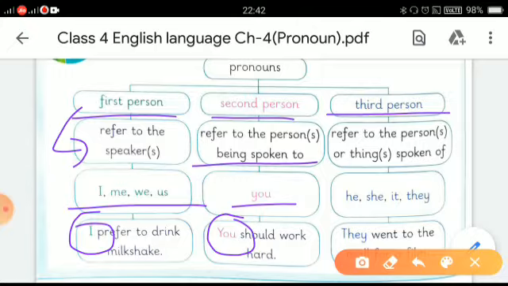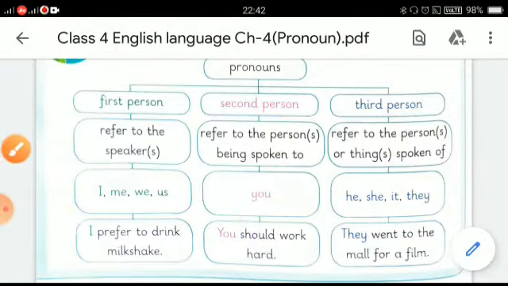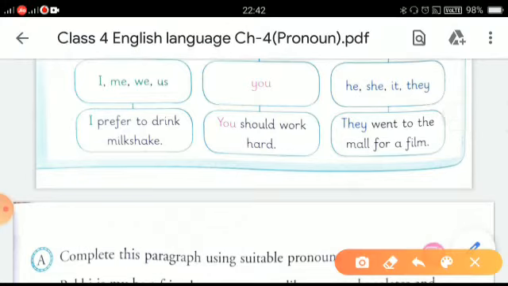Third person refers to the person or persons or things spoken of, where we speak about some third person. Examples are he, she, it, and they. In a sentence, we speak like they went to the mall for a film.